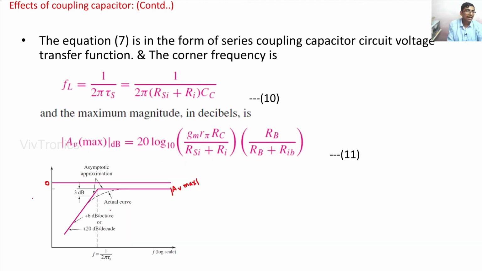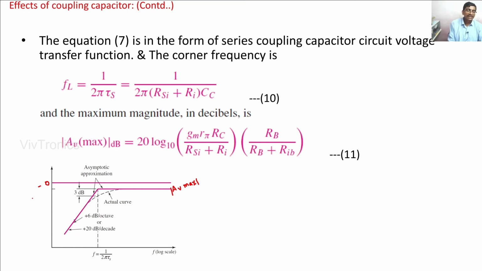This is the Bode plot for the circuit with the coupling capacitor. Here you can see this is the 0 decibel curve, and this is the maximum voltage gain curve. As this input side coupling capacitor is forming a high pass filter, the frequency response will be like this.